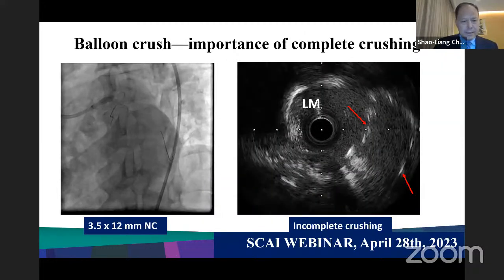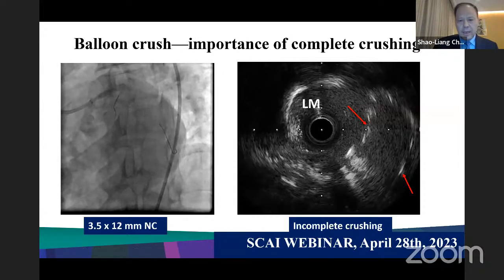After stenting the LAD, we usually keep the wire inside the branch and use another 3.5 by 12 non-compliant balloon to do further kissing balloon inflation. What should be kept in mind is that the balloon size is undersized for the left main. Here I show IVUS findings immediately after the first balloon crush.